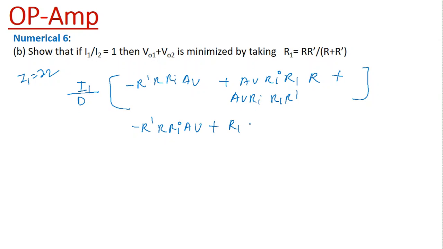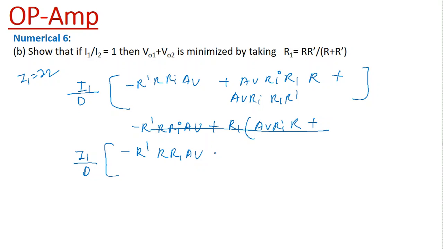So we get R1 multiplied by AV Ri R plus, here we can take out AV Ri into R1 common. So we get I1 upon D whole multiplied by minus R dash R Ri AV plus AV Ri R1 common.